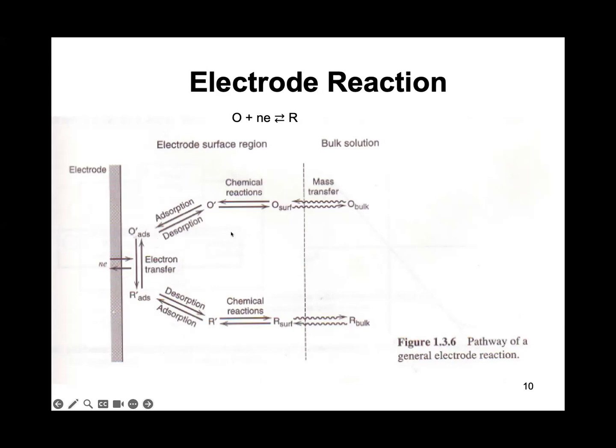So remember the three mechanisms of transportation just now: the first is migration, convection, and then diffusion. Those three are the processes of how the ions can move to the surface of the electrode.